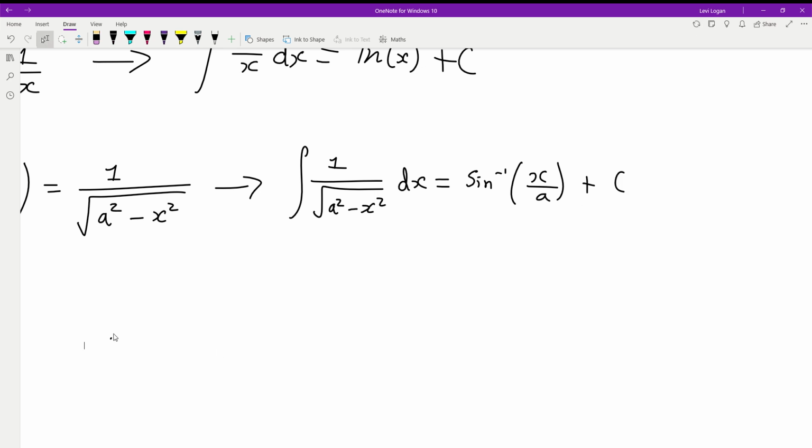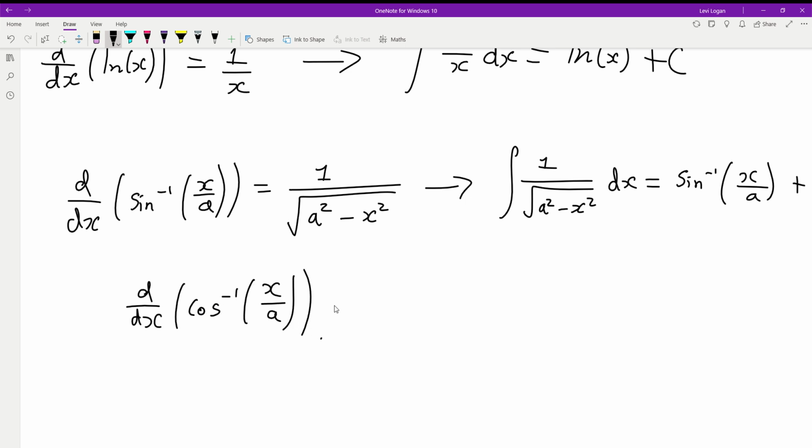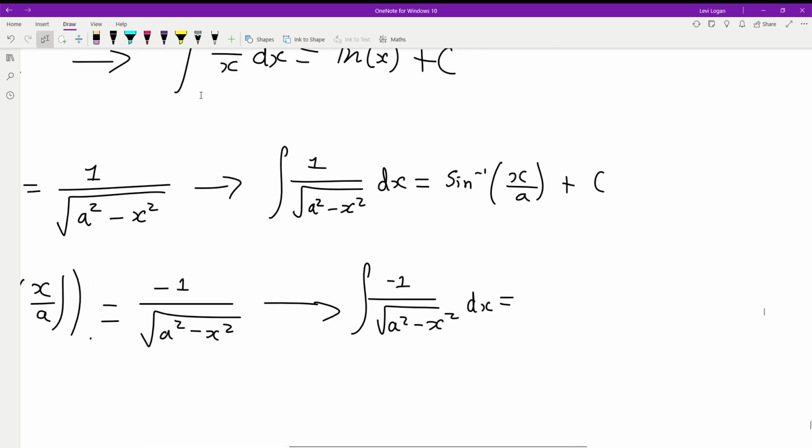Righto, let's go to the side again. We're running out of room a little bit. If the derivative of cos inverse of x on a gives you minus 1 on the square root of a squared minus x squared, this implies the integral of minus 1 on the square root of a squared minus x squared dx gives you cos inverse of x on a plus c.